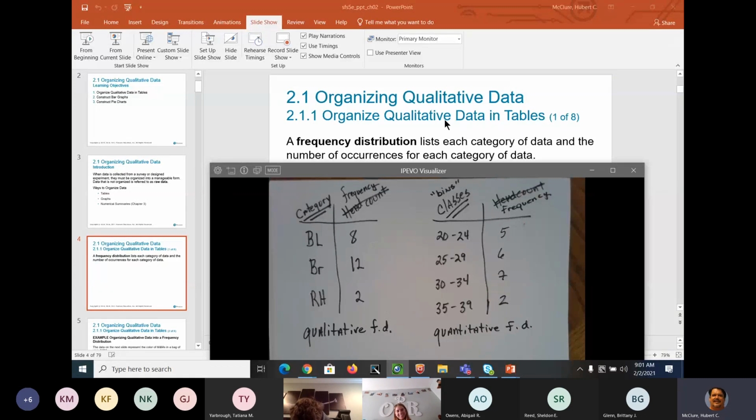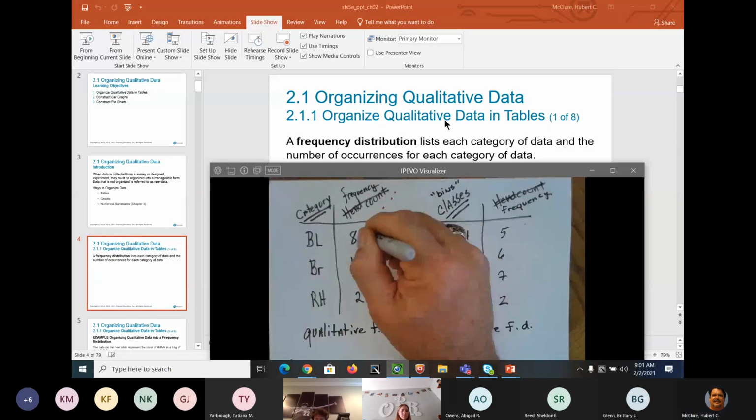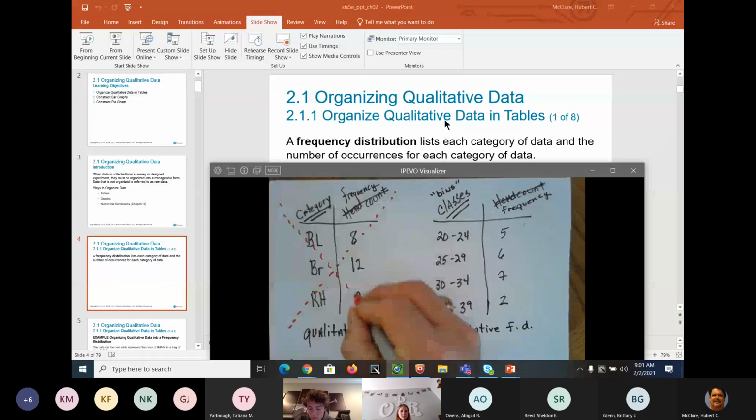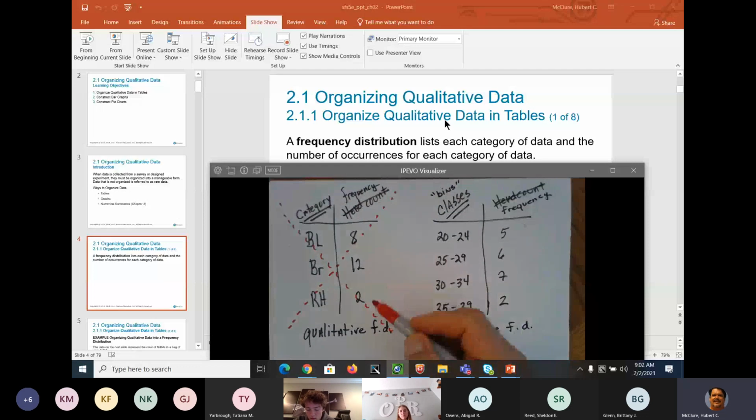Next, what else are we going to talk about? Well, we're going to talk about the class width of a quantitative frequency distribution, because you can't really do anything with this. So I'm going to take my red pen and draw a dotted X through this, because technically we can't do anything mathematical with a qualitative frequency distribution.